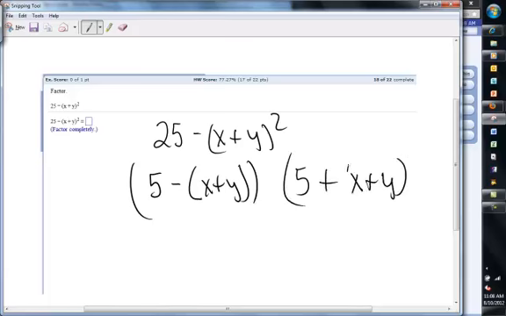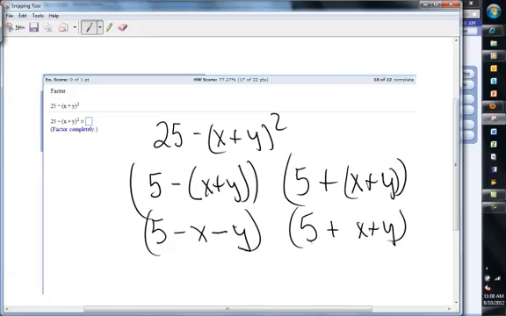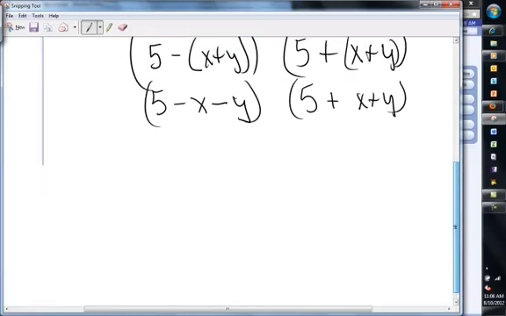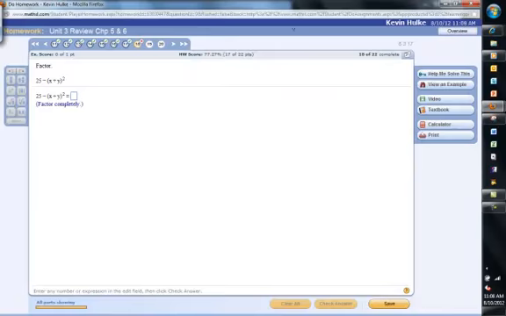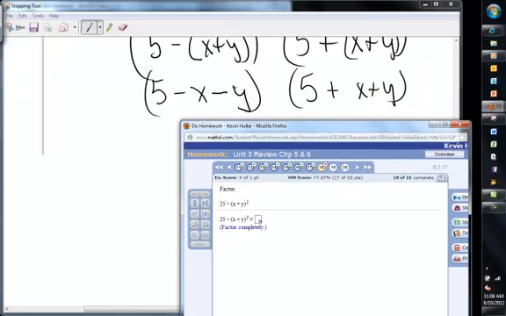When you take out the parentheses here, you get 5 minus x minus y, and the parentheses here, you get 5 plus x plus y. So that's our factored form. Let's write it out then. Parentheses 5 minus x minus y, parentheses 5 plus x plus y.